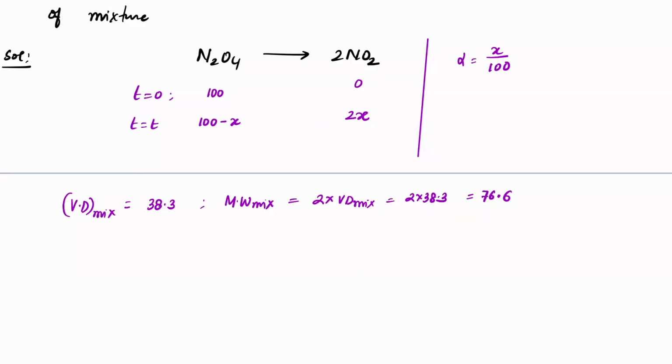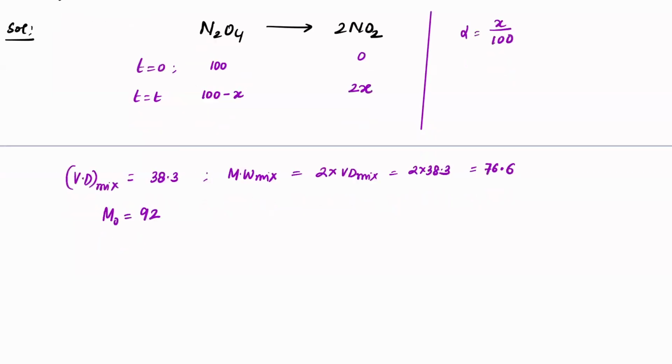But what is the initial molar mass? M naught is the molar mass of N2O4, which is what is initially present. So the initial molar mass is 92. Hence, I can say that alpha can be written as M naught minus M of the mix, divided by M of the mix into n minus 1.